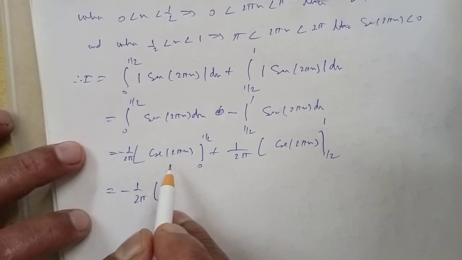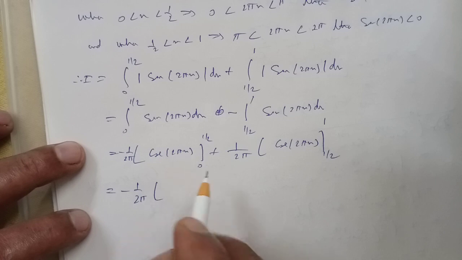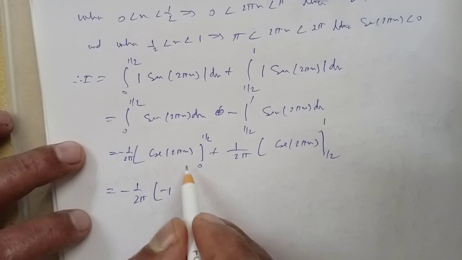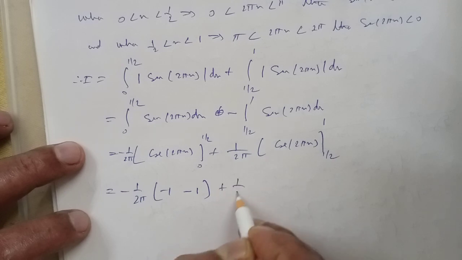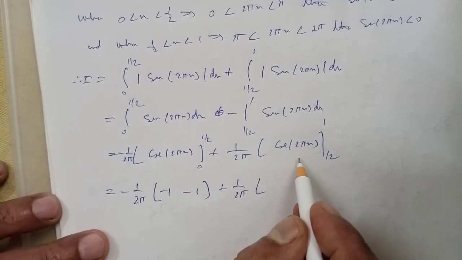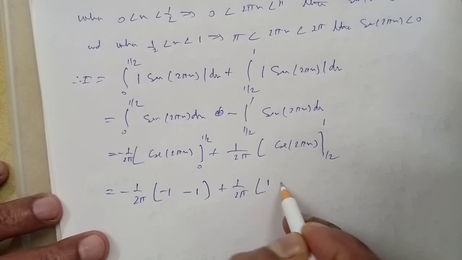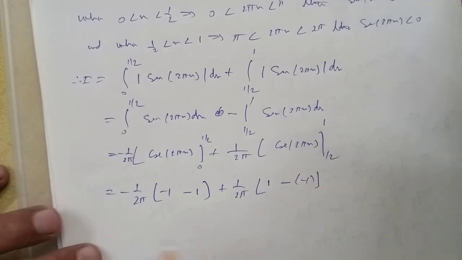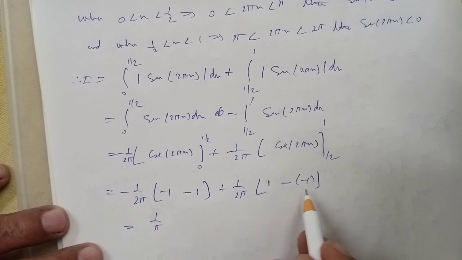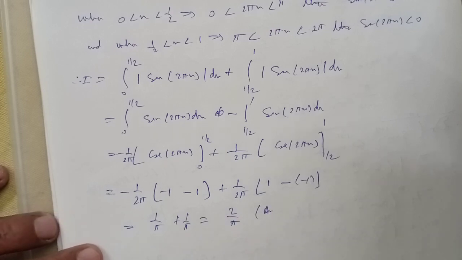If we put half here, cos pi is minus 1, minus, if we put 0 here, then 1, plus 1 by 2 pi. If we put 1 here, cos of 2 pi is 1, minus, if we put half here, cos pi is minus 1. So this becomes 1 by pi, this becomes 1 by pi, that is your answer is 2 by pi. This is your answer.